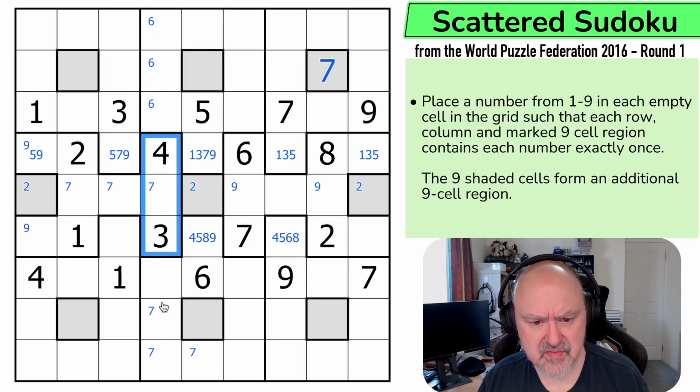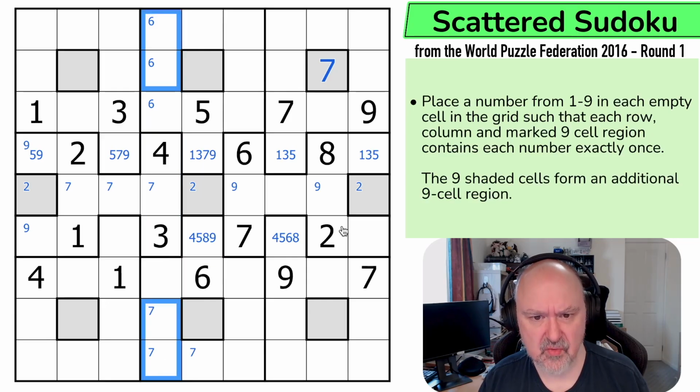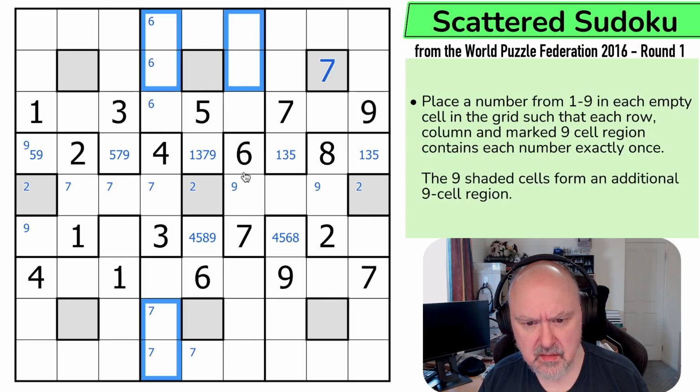Can't be in any of those, so it's in one of these 4 cells. 1 is in one of those. And 1 in this column is in, oh no, it could be there. I was wondering if I was forcing 1 into one of these 3.